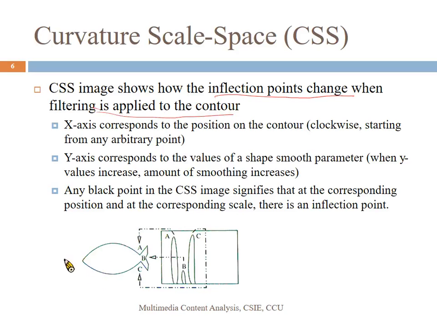So given an object, we would like to construct a CSS image. In the CSS image, the x-axis corresponds to the position on the contour. The position means we will start from some specific point and go through the contour of this object clockwise.